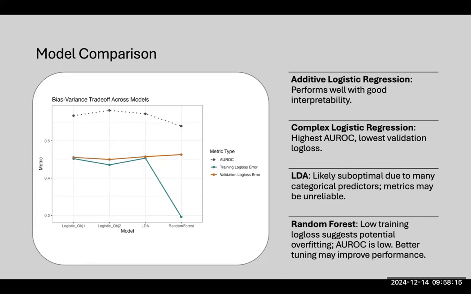The complex logistic regression model has the highest area under the ROC curve and the lowest validation log loss. The LDA is likely suboptimal due to many categorical predictors, and its metrics may be unreliable because of that. The random forest model has a very low training log loss and potentially could indicate overfitting. The area under the ROC curve is also low, and so I suppose that better tuning may improve performance of this model.